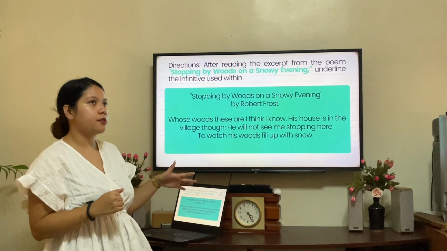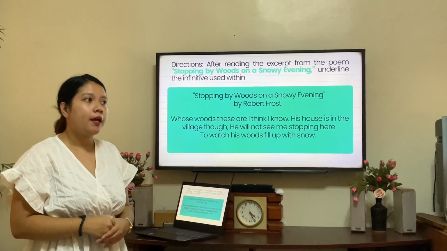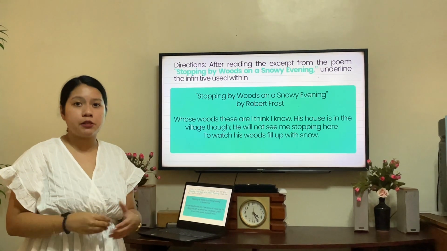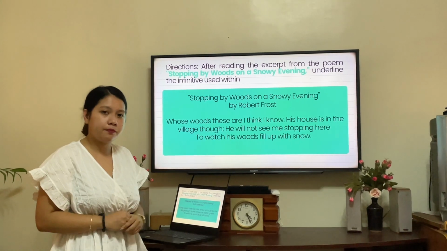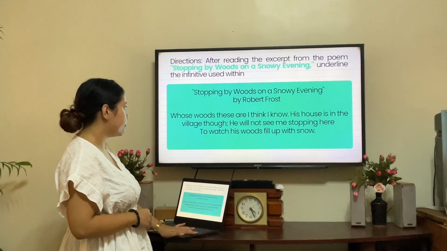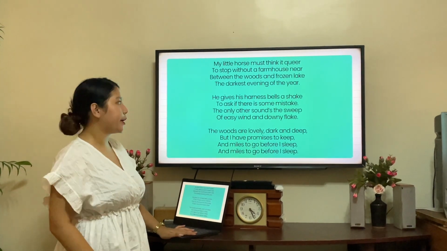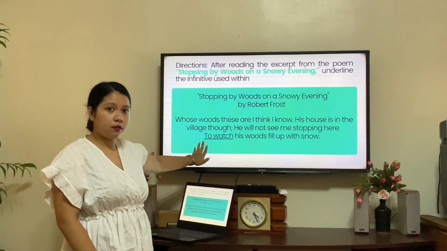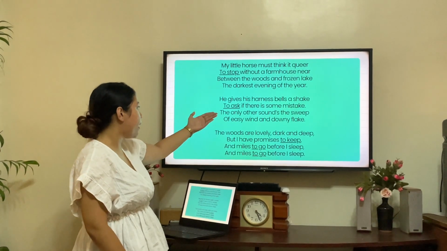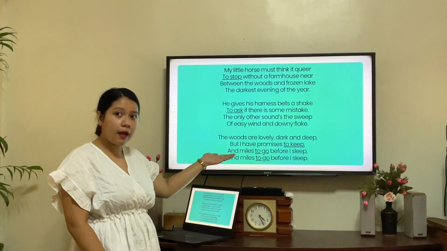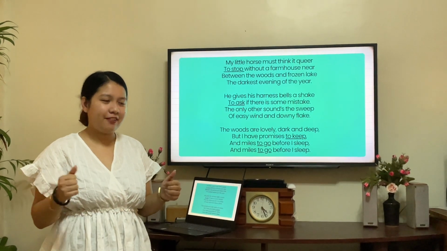So this excerpt is all about the allure of nature's beauty and the responsibilities of human life. So, can you underline here the infinitives used? Okay. So let's see if your answers are correct. That is great. First one is to watch. Next, to stop, to ask, to keep, to go, and to go. And so easy, right?